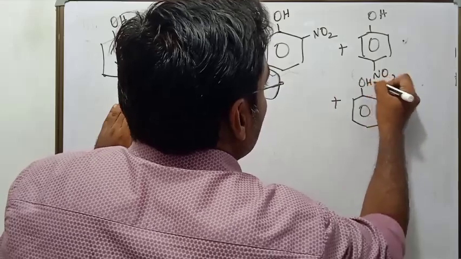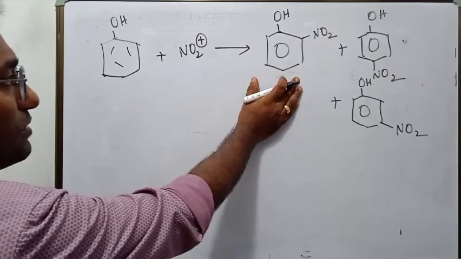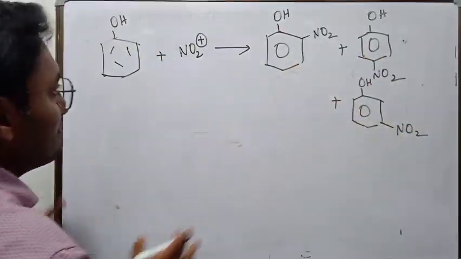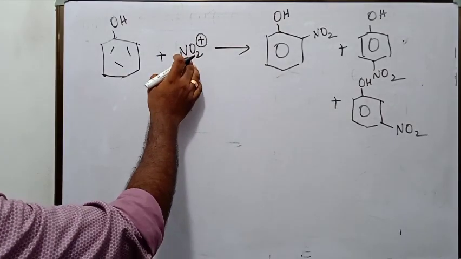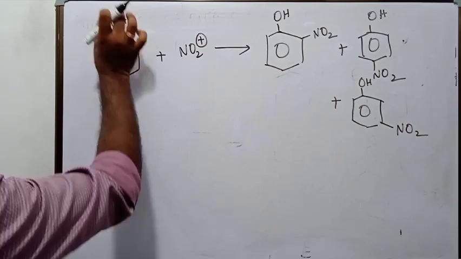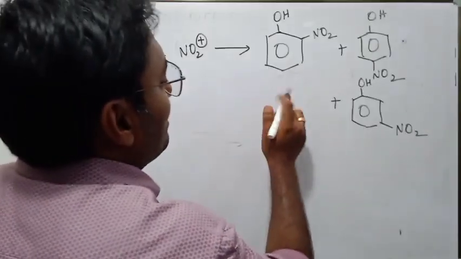So these are the 3 isomers. This is the ortho isomer, this is the para isomer, and this is the meta isomer. 3 products will be formed if NO2 plus attacks the phenol. S here is OH, that is, the primary substituent here is OH. How much yield? That is the question.